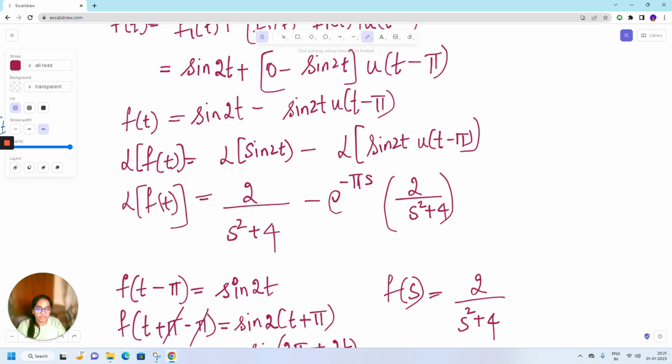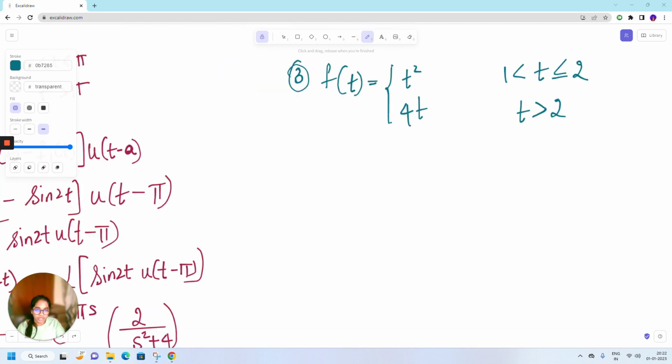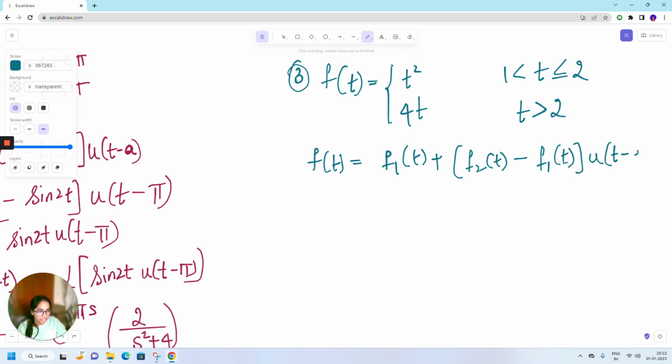Okay, moving on to our next problem. F of t is equal to t square for the first interval and 4t for the second, with the given limits. Clearly we have f1 and f2. Let me write down the formula. F of t is equal to f1 of t plus f2 of t minus f1 of t, into u of t minus a.